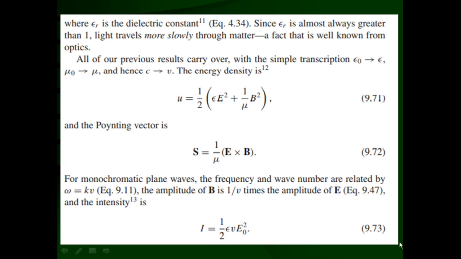This is the amount of energy propagating through unit area of cross section per second, known as the intensity of the waves, which is given by this equation. This equation is also required for our further calculations. So I is equal to 1/2 epsilon v E0 squared. That equation is 9.73.